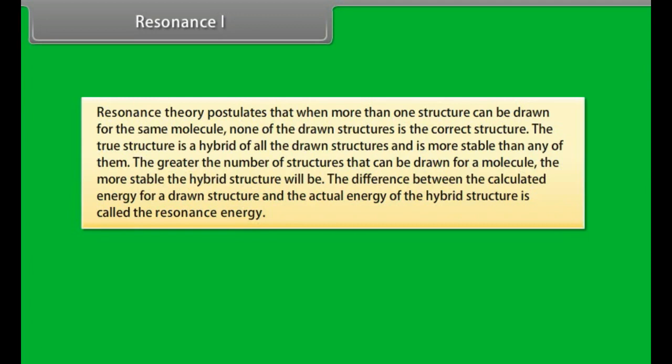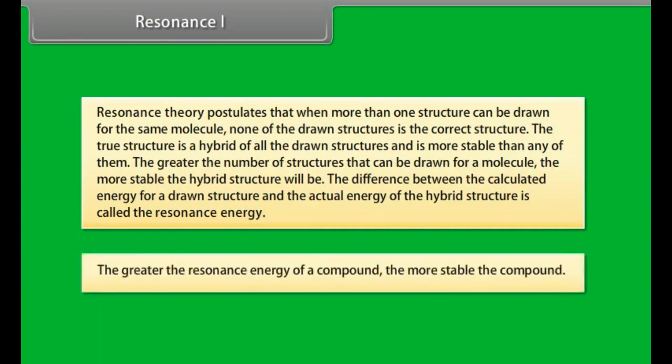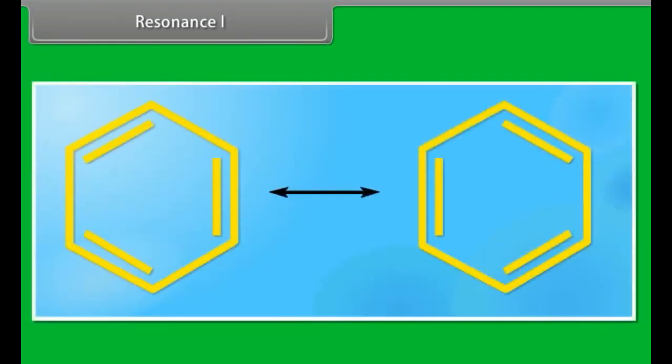The difference between the calculated energy for a drawn structure and the actual energy of a hybrid structure is called the resonance energy. The greater the resonance energy of a compound, the more stable the compound. The two Kekulé structures that can be drawn for the benzene molecule are actually two resonance structures.